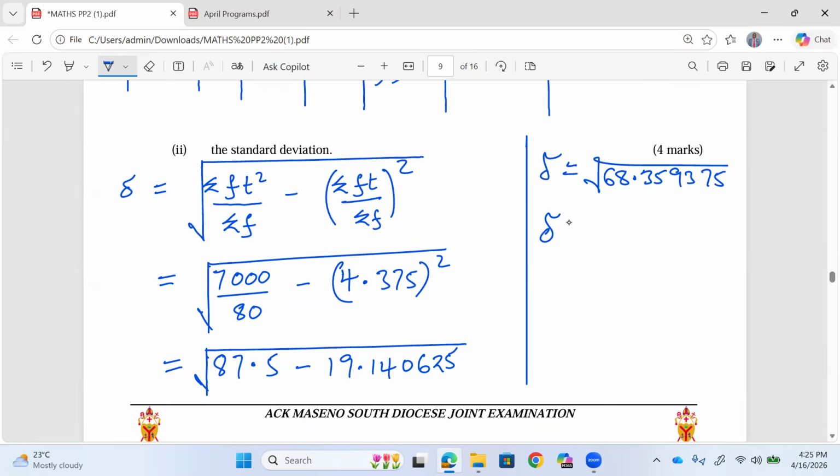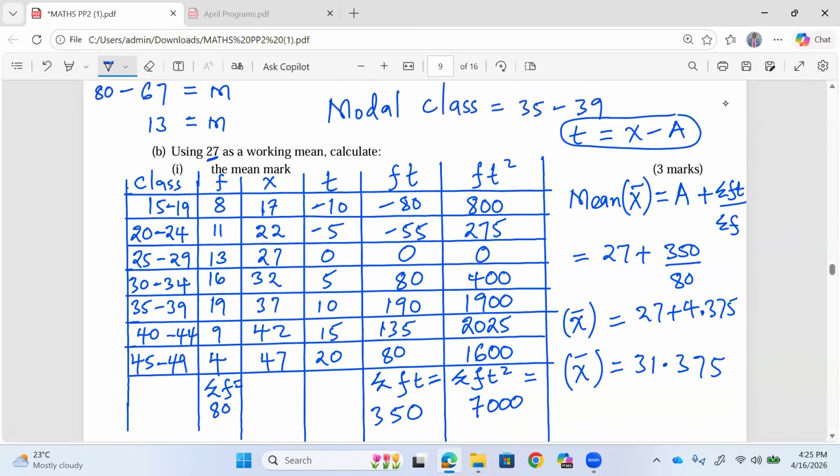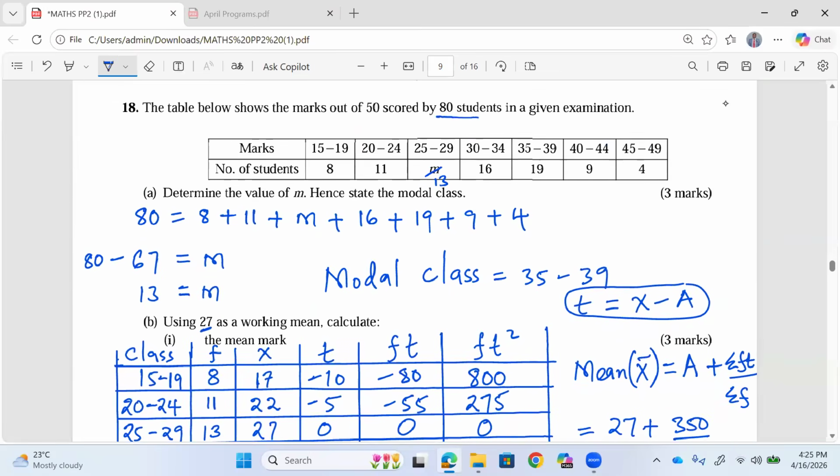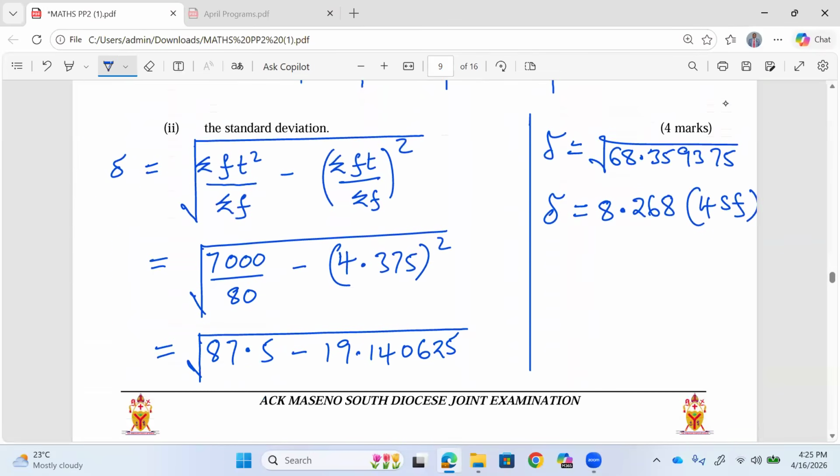So that now the exact standard deviation shall be 8.268. This is to 4 significant figures. To 4 significant figures, that answer is very correct. We had not been told to use any accuracy, so allow me to choose 4 significant figures.